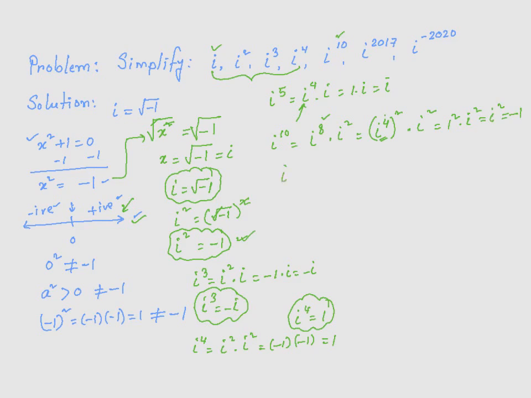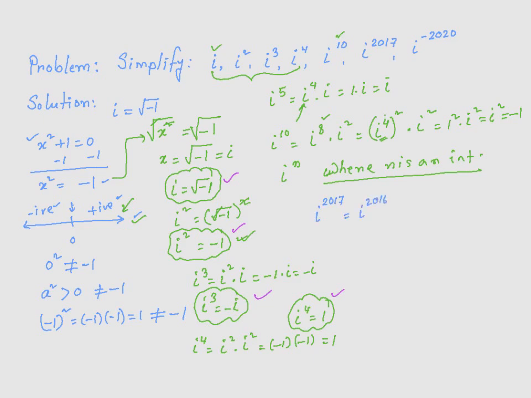So an interesting observation is this. If you take any integer power of i, let's say i to the power n, where n is an integer, it's going to be one of these four values. You can see, I just pick i to the power 2017. I'm going to rewrite it as i to the power 2016.